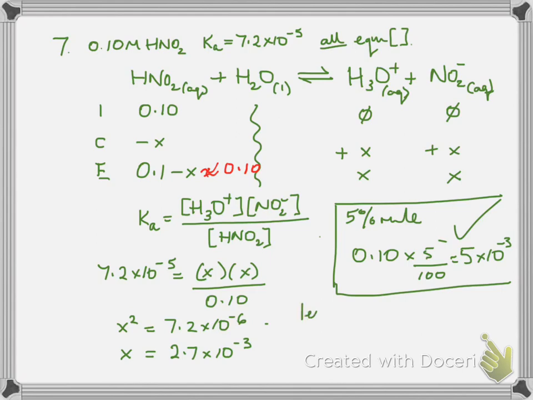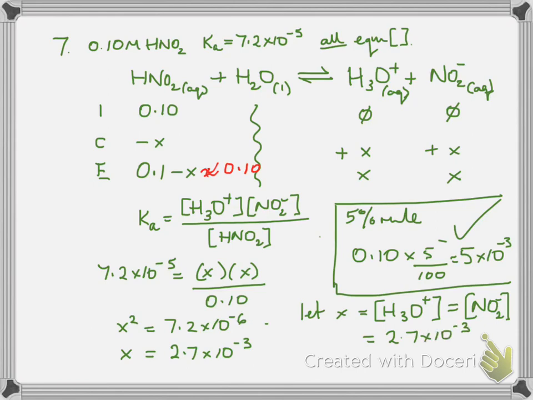So finally, we need to actually write the answer to the question. Let x equal the concentration of H3O plus, which also equals the concentration of the NO2 minus. And remember, they were asking us about all the components, so we need to quote both of them. So that would be 2.7 times 10 to the negative 3.